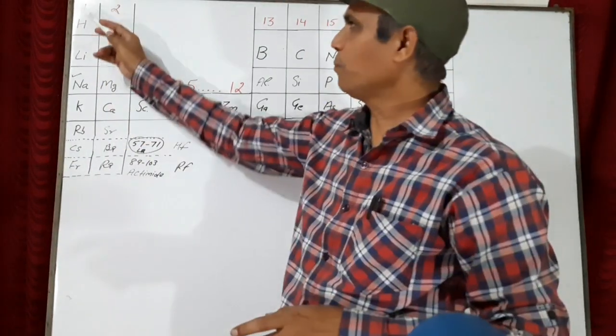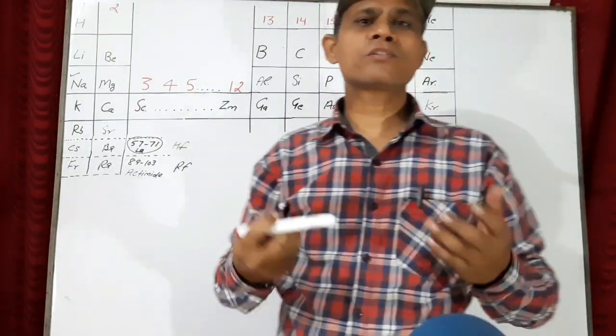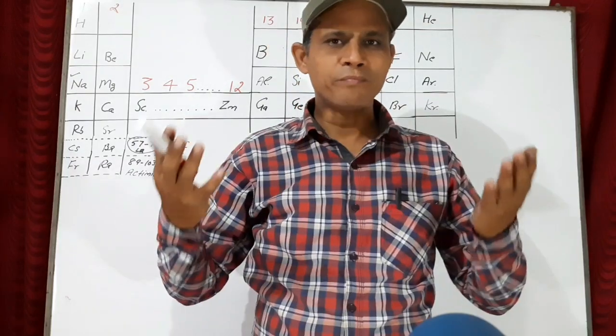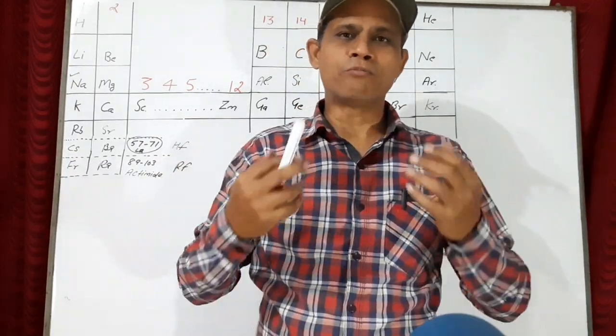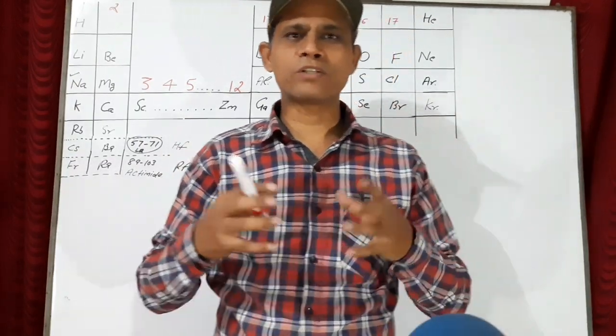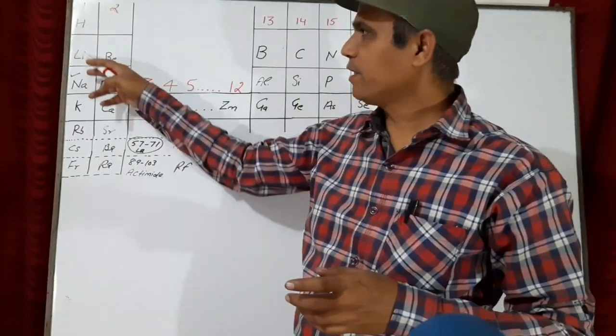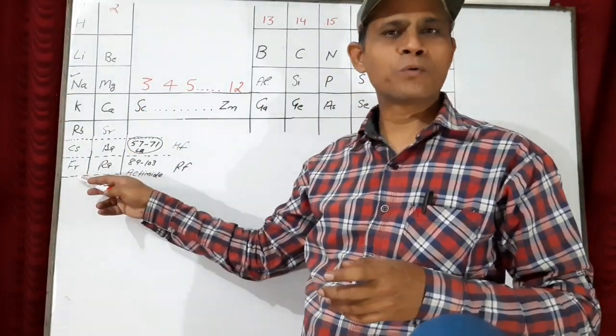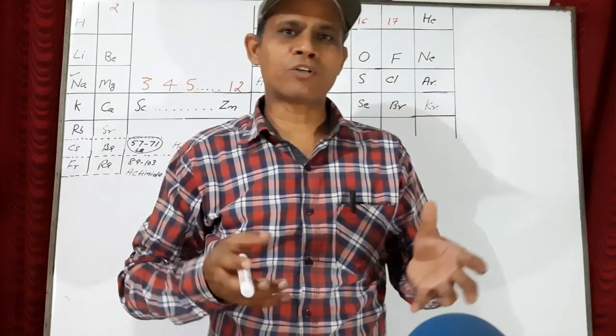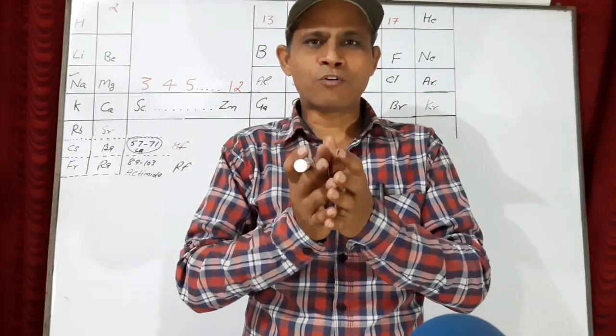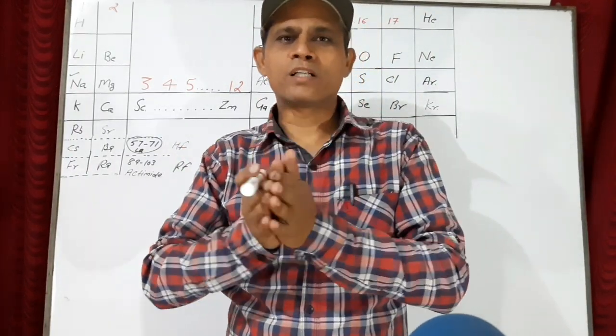Then group number 1 is also known as alkali metals. Why are these called alkali metals? Because when the elements of this group are dissolved in water, they form strong alkali.